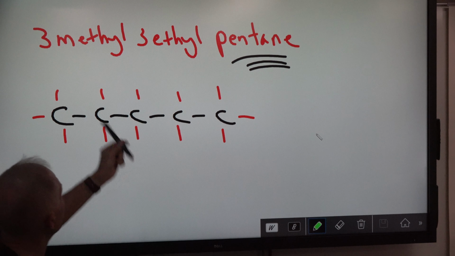Okay, so there are 3 isomers with a heptane trunk.